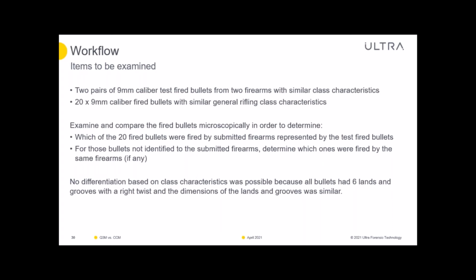I had to examine and compare the fired bullets microscopically in order to determine which of the 20 bullets were fired by the submitted firearm test fires, and the bullets not identified, to determine whether they were fired by the same firearm, if any. The fact that these bullets all had very similar general rifling characteristics made the challenge a lot more difficult, since you could not eliminate anything based on class, so you had to physically compare all the items to each other.